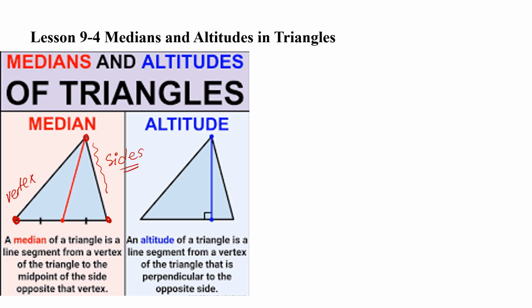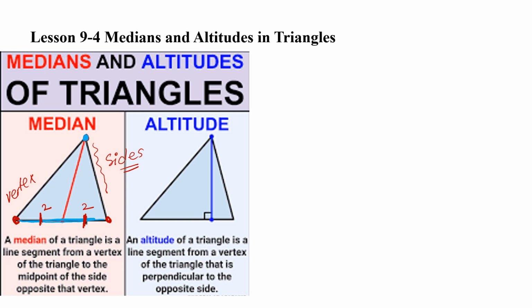If you drop a line segment from any of the vertices in such a way that when it is dropped on the opposite side of the triangle, it cuts the opposite side into two equal parts. So for example, if this side is 2 centimeters, this side is also equal to 2 centimeters. This is a median.